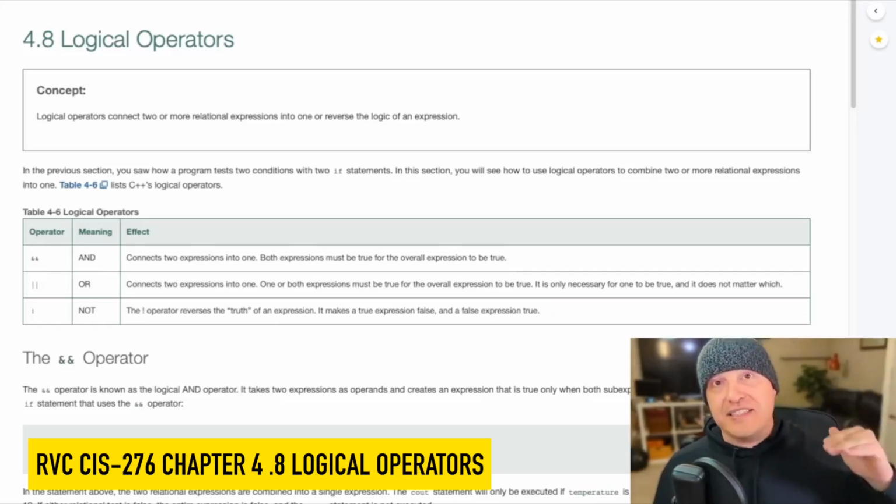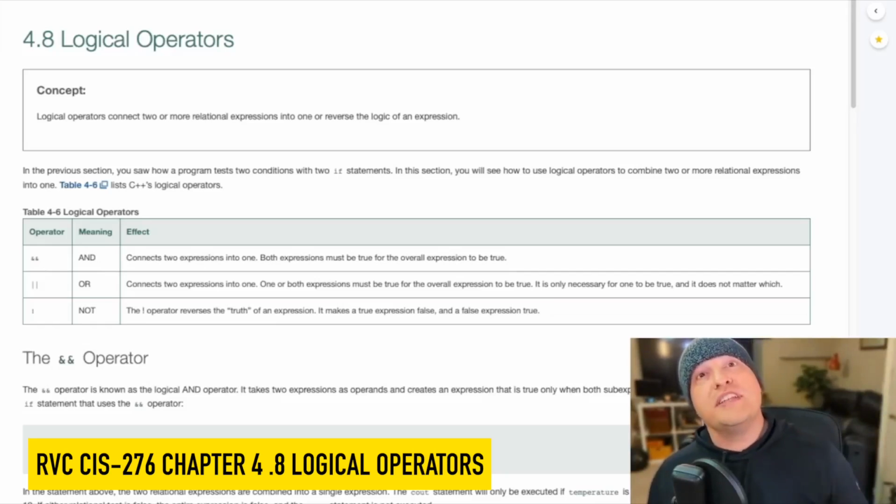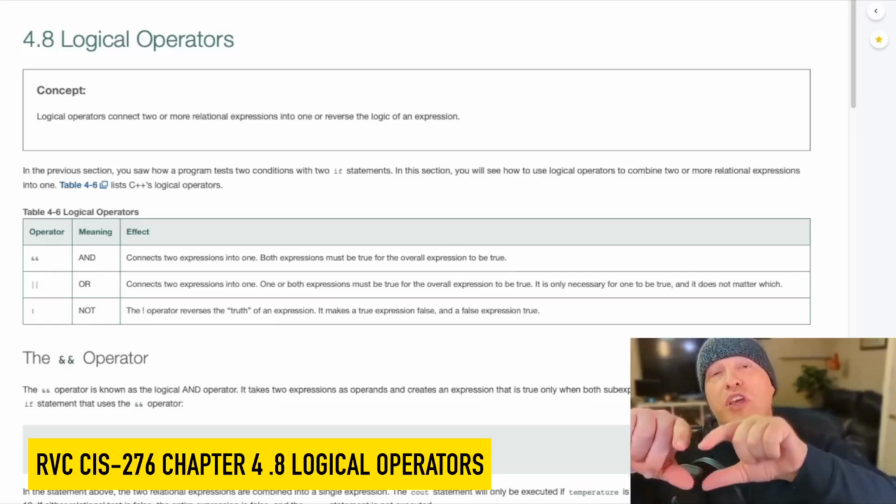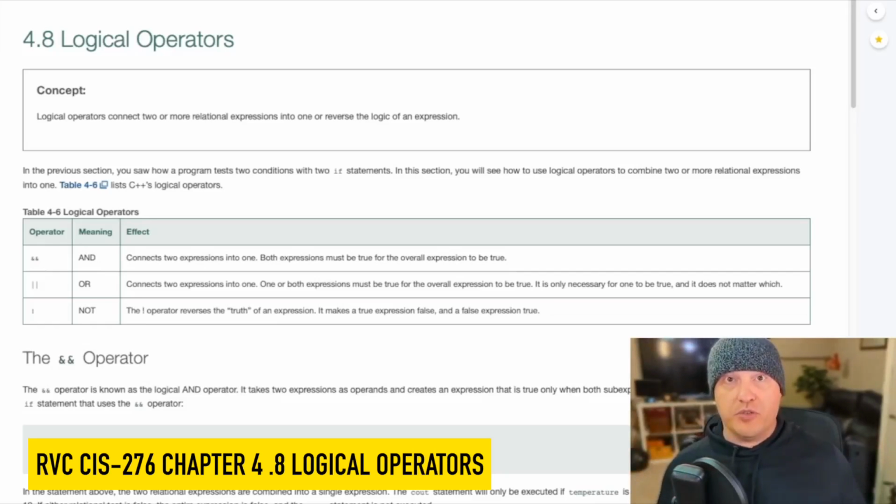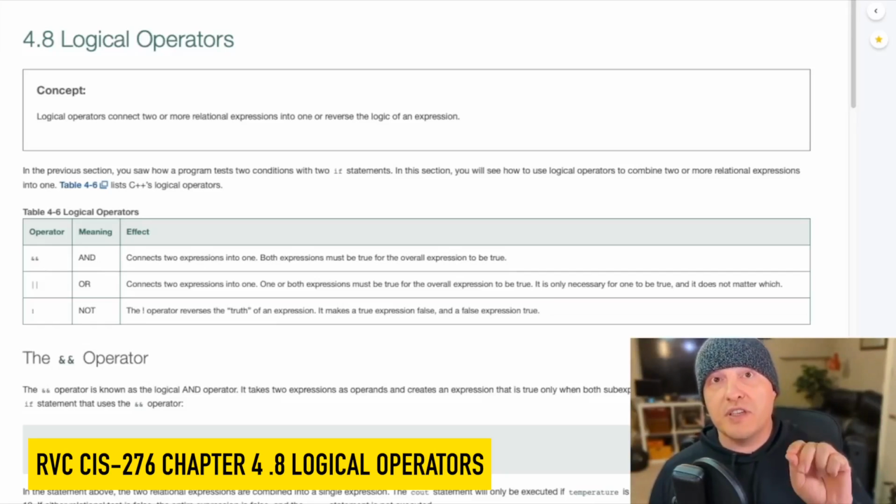That's not necessarily the case with the or statement. In an or statement, one side or the other has to be true in order for the whole statement to be true. So with the 101 degree temperature, is 101 degrees above 0? Yes. So far the statement is true.